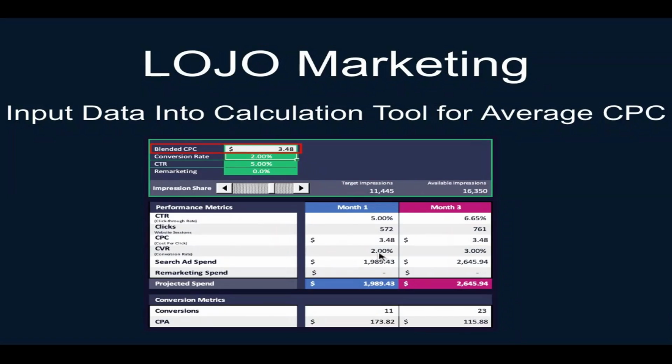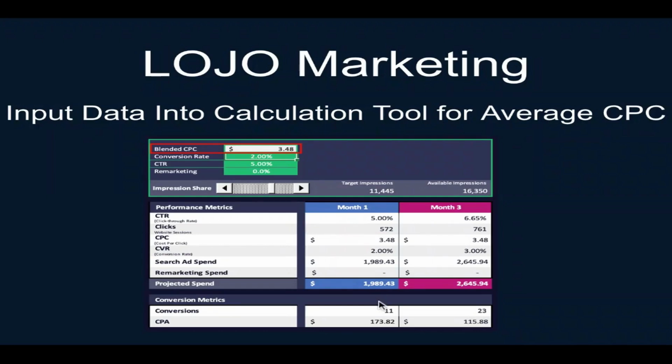Then with the conversion ratio, that means that we have a 2% conversion of those 572 people that click through. That means the conversion equals they get to a landing page where they actually see your service, and then they can give information. They pick up the phone and call, whatever it is.